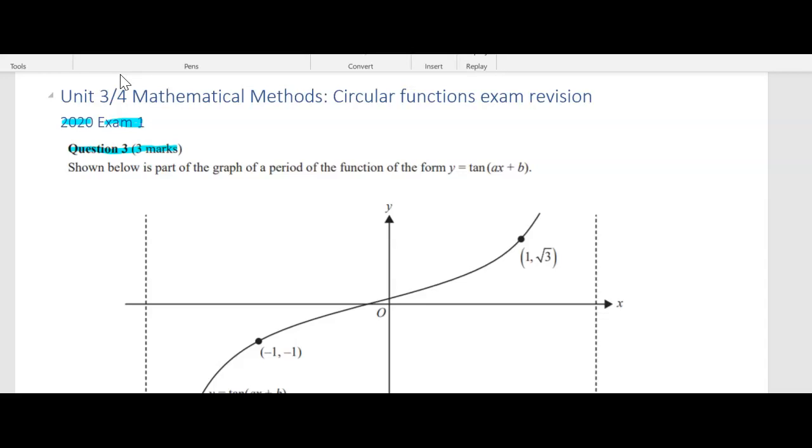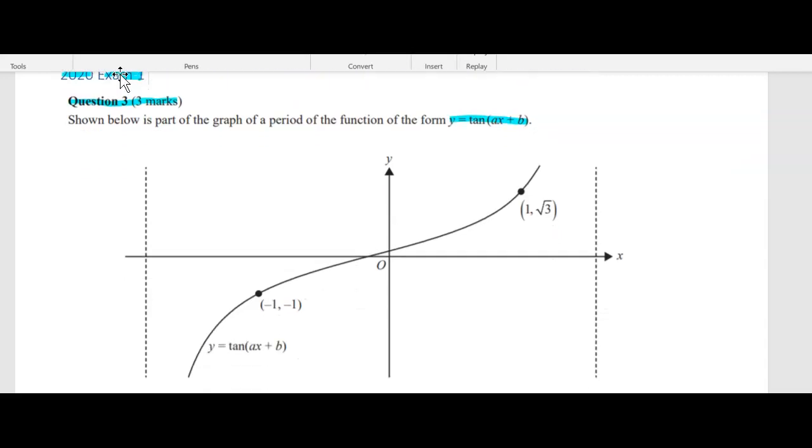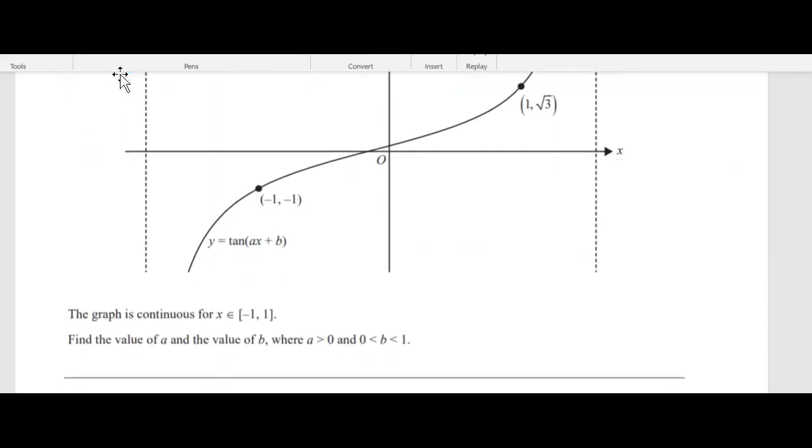All right, so this question here, what we've got is the function y equals tan(ax + b), and we have to find the values of a and b. The other bits of information on here are just defining the function. They're not really relevant to the solution.